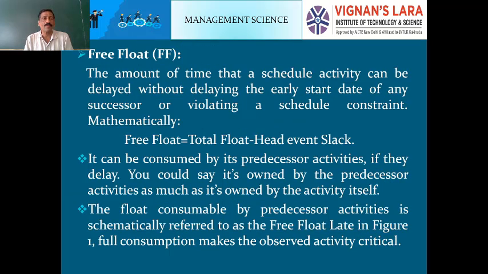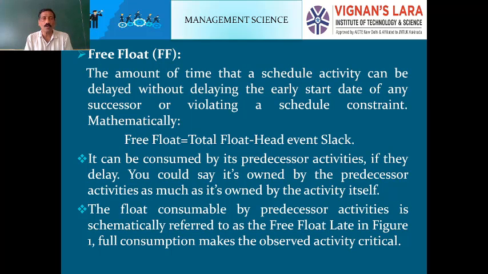The next type is free float. The float happens when there is a time delay in the early start time. That means the activity did not start on time because of some problem.